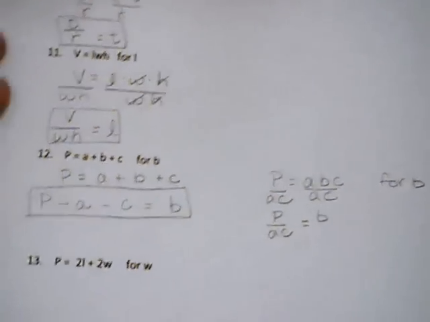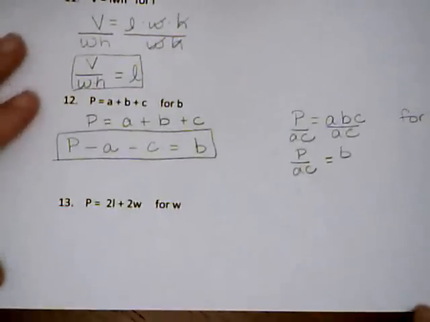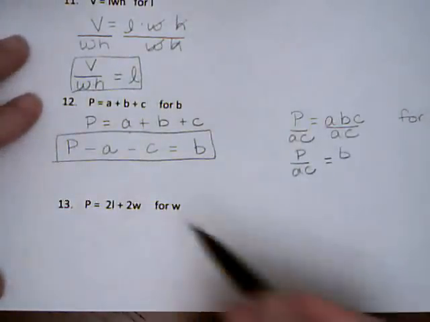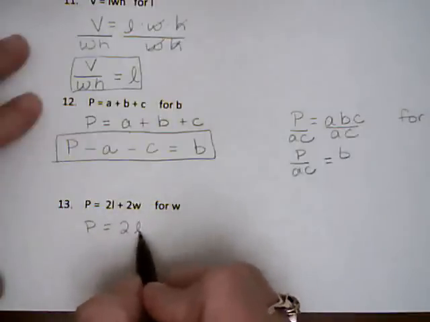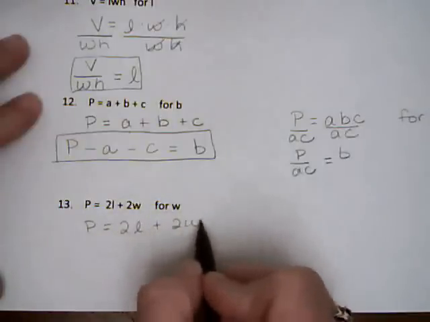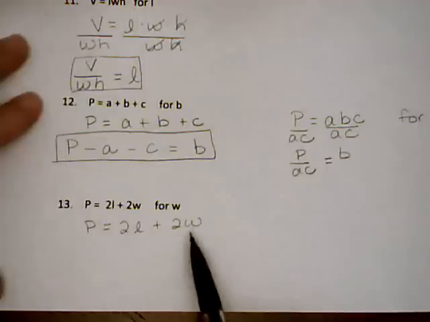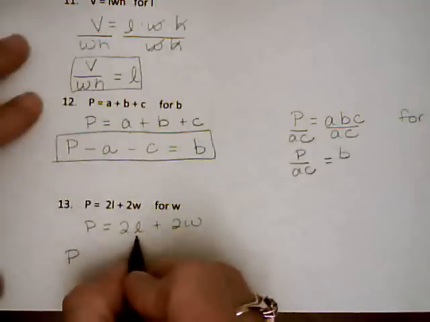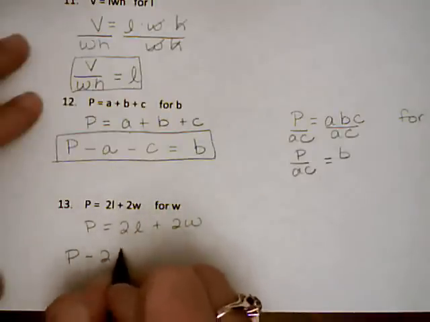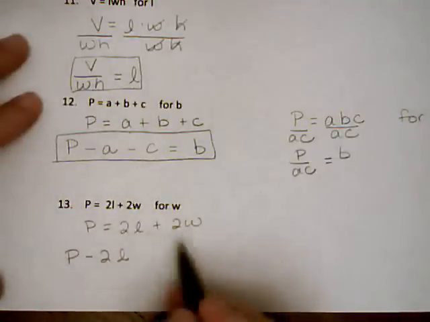Number 13, this is our perimeter of a rectangle. Again, solve it for W. P equals 2 times L plus 2 times W. Well, first we've got to get 2W by itself. So that's going to mean bringing the 2L over. That's going to make it a negative.